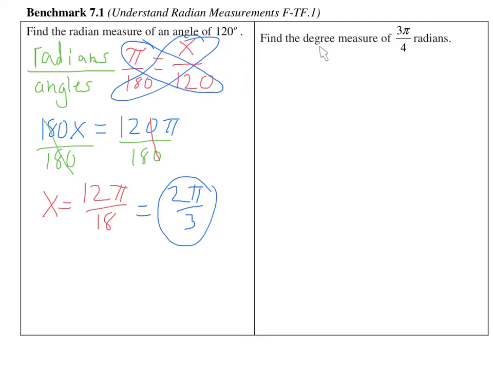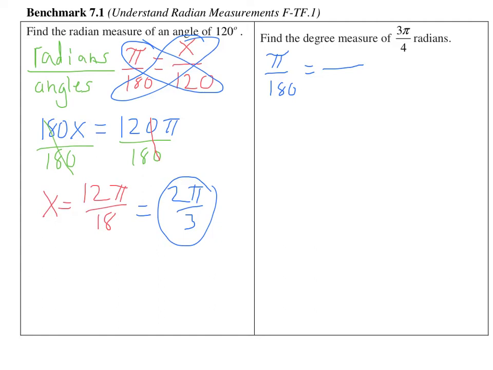Now, if I want the degree and I'm given the radian, I'm going to use the same exact proportion to start. I'm going to use this fraction to start with. So I'm going to start with pi over 180 is equal to something. Now, I just got to realize, okay, is this a radian or a degree? Well, it's a radian, so it's going to be on the top.